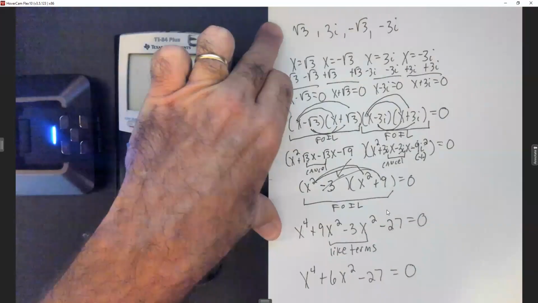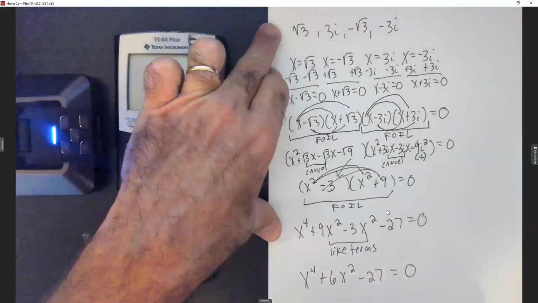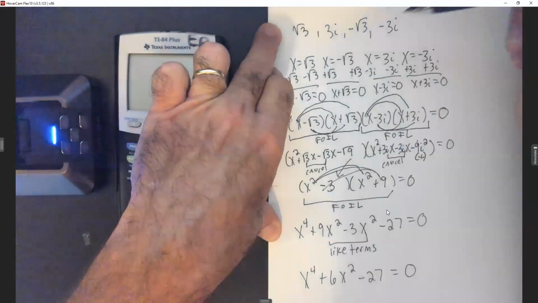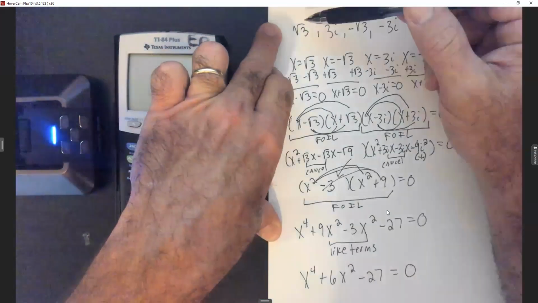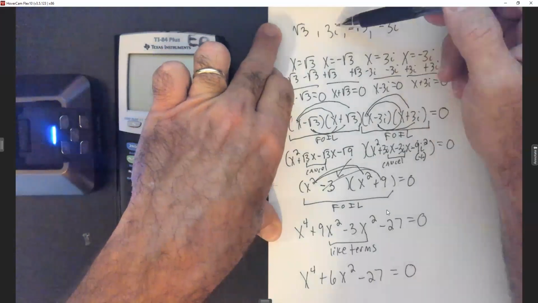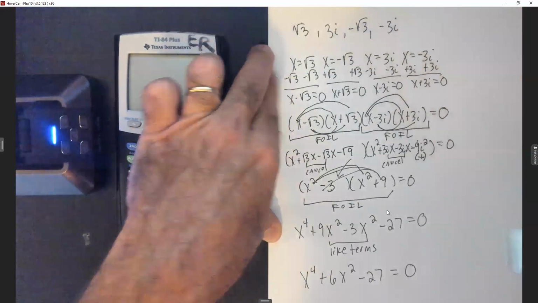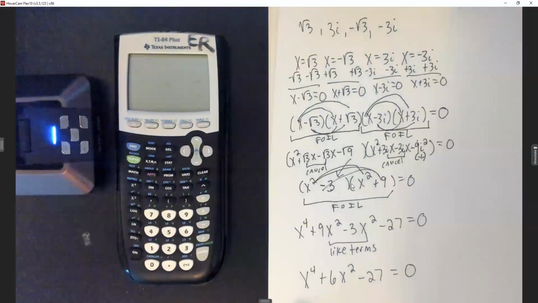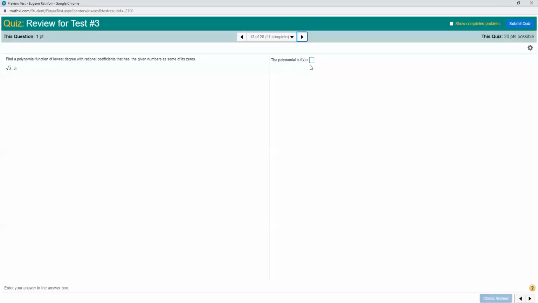But y'all, the main thing on this problem, when they say find the polynomial of lowest degree, if they give you radical zeros and imaginary, you gotta put in those conjugates, okay? Ooh, okay, so that was the long stretch of this test, I guess. So let's go back. So we would put that in and move on.